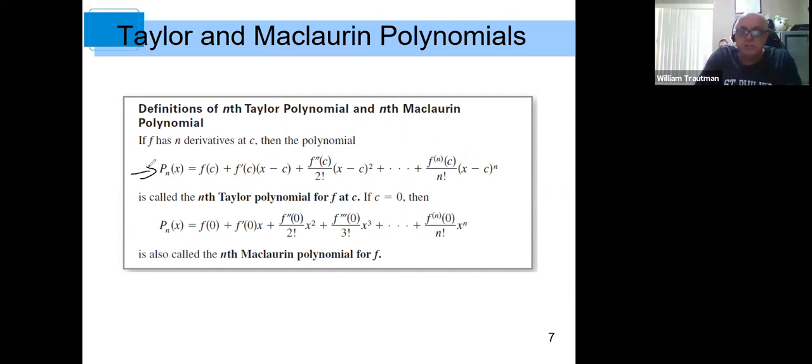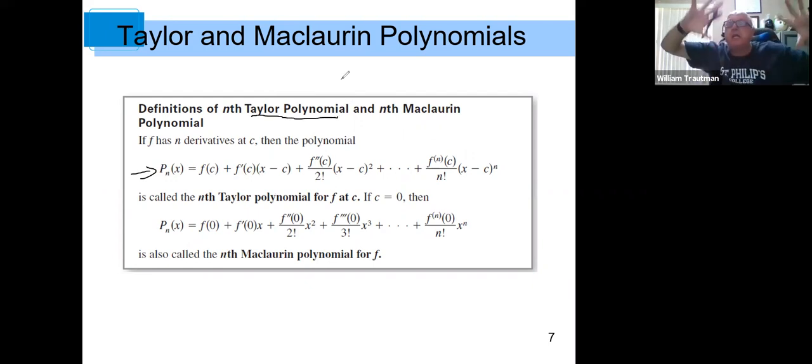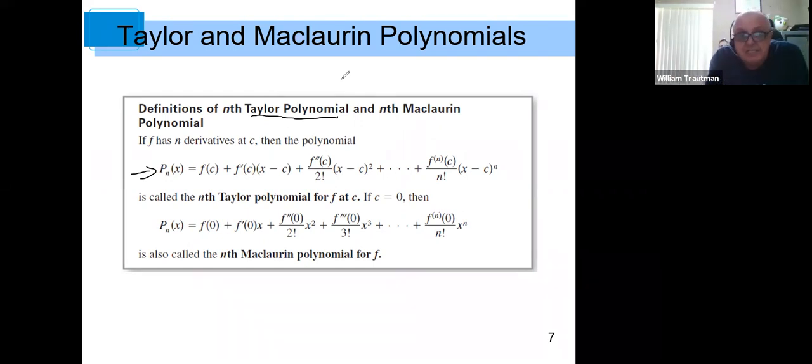Oh yeah. And this is called, once again, a Taylor polynomial. And 9.10 is where we do a Taylor series, but this is the Taylor polynomial. Now, if we want to call it a Maclaurin polynomial, then right here we have to use C equals 0.